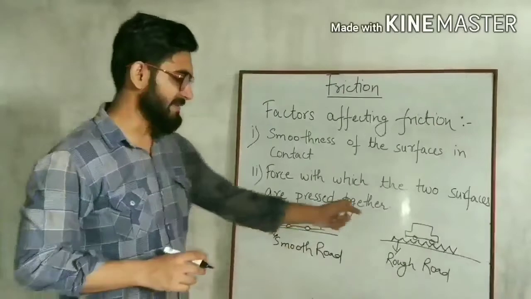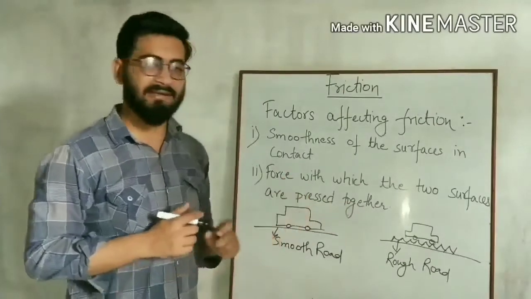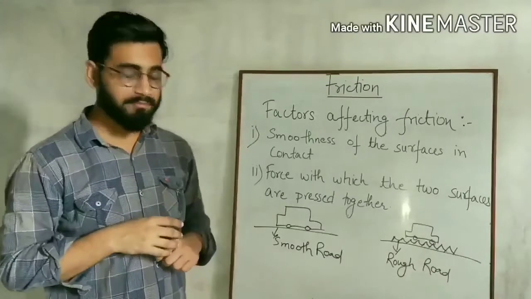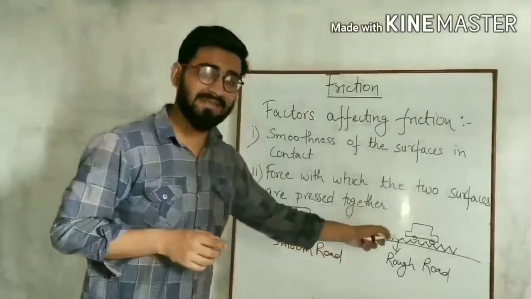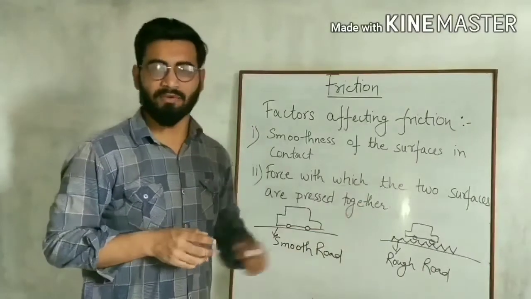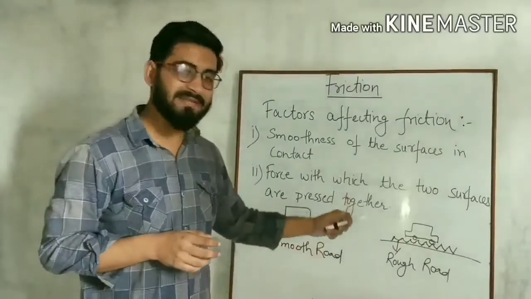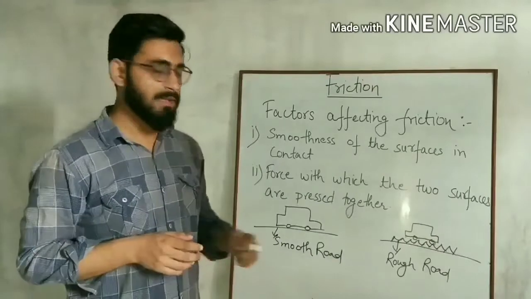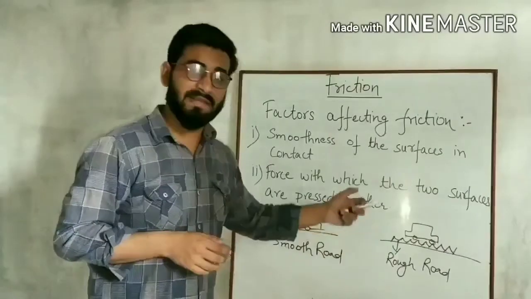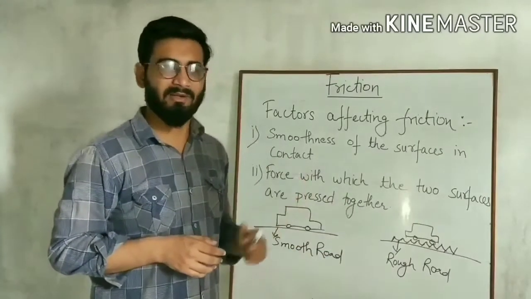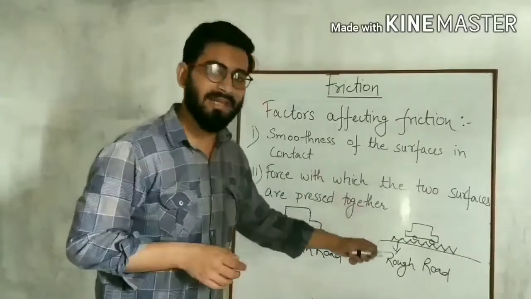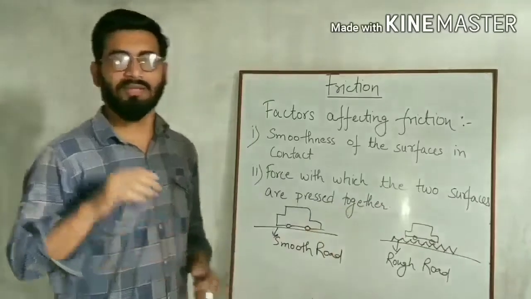Yes, in the second case, when the road is rough, you need to apply more force. Why? Because in this case, the friction is more. The force that opposes the motion is more here, because of rocks, stones and uneven ups and downs. That is why you need to apply more force to move the car.